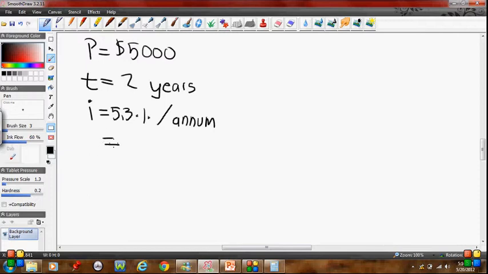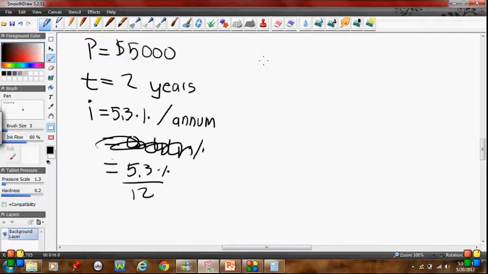So let's just do that. 5.3% divided by 12, which would equal 0.44%. However, this isn't a very precise method, so we'll scratch that out and just leave it as 5.3% over 12. That's our interest rate, 5.3% divided by 12.